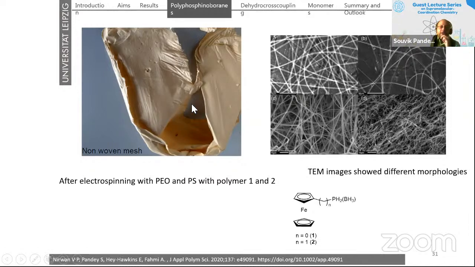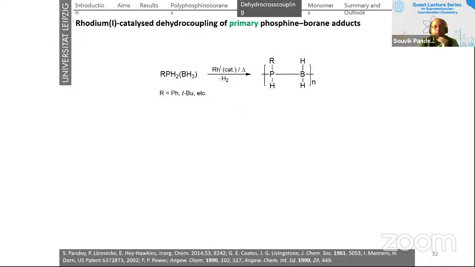They observed that when polyethylene oxide or polystyrene is alone, it decomposes easily. But when blended, or electrospun, with our ferrocene polymers, the thermal stability increased manifold. So you can have a look at this paper to see the real applications of those polymers from our group.